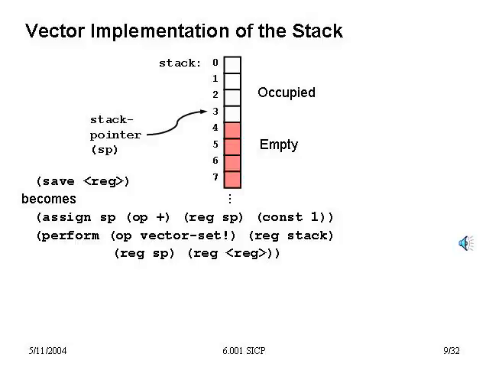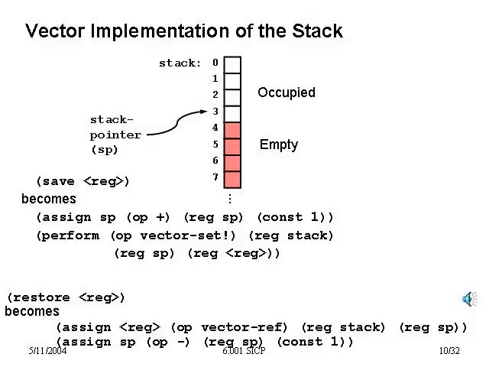Then, to put the actual contents onto that spot in the stack, we simply do a vector-set. We take the stack register, which is going to have to be a special register as well that points to the beginning of the stack, and the SP, or stack pointer register, and we move the contents of the register into that spot on the stack. Said differently, we take the contents of the specified register and move a copy of those into the specified point on the stack.